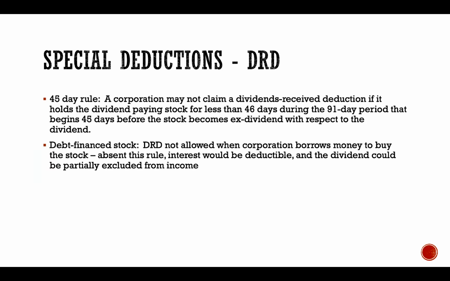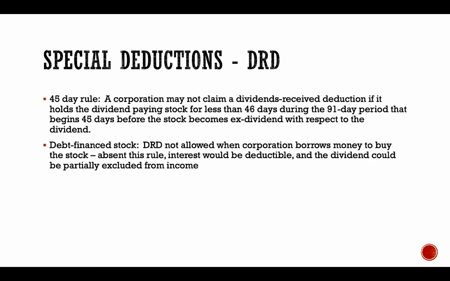There's also a 45-day rule. This says a corporation can't claim a dividends received deduction if it holds the dividend paying stock for less than 46 days during the 91-day period that begins 45 days before the stock becomes ex-dividend with respect to the dividend.